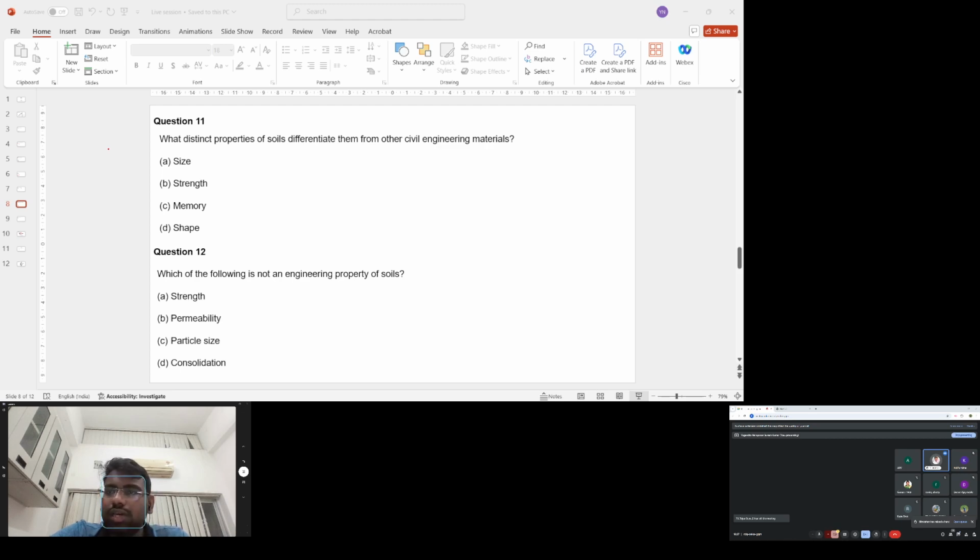So can anyone think of what memory means in this context? Can you think of any phenomena where soils possess memory? Memory in the sense of its properties.